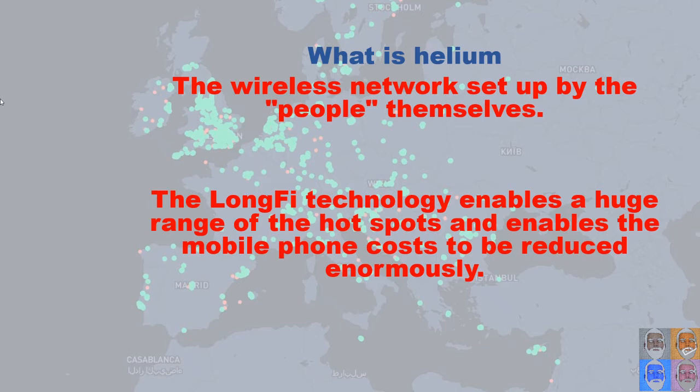Helium is a solution to share this other data not over the mobile network. I hope I could explain a little bit, but actually it's the people's network. We create the network on our own.